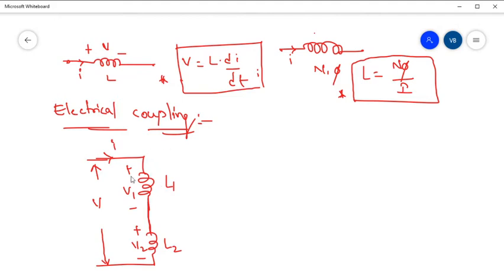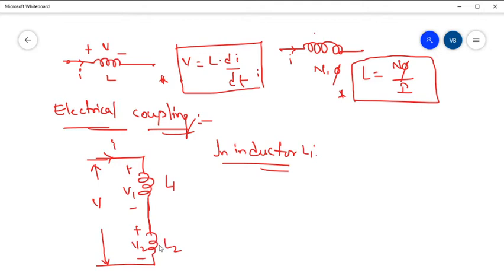In inductor L1 there will be a self-inductance due to L1, and in the same way there is a self-inductance due to inductor L2. But whatever voltage or energy is generated in L1 influences inductor L2 and induces some excitation voltage in L2.